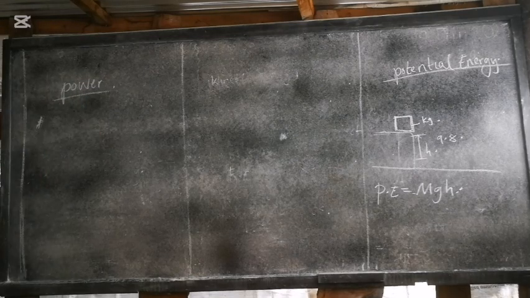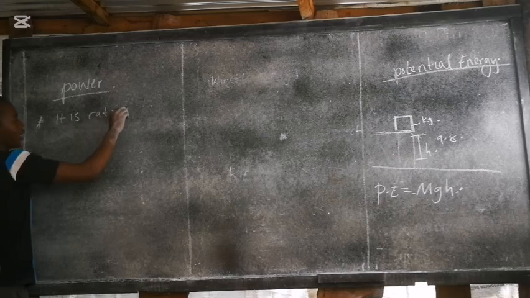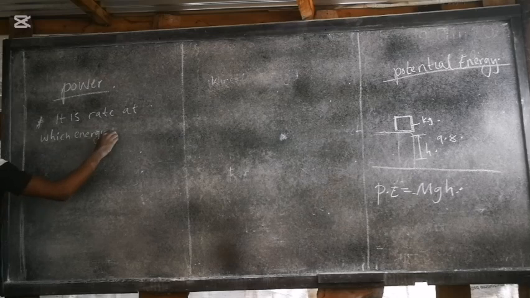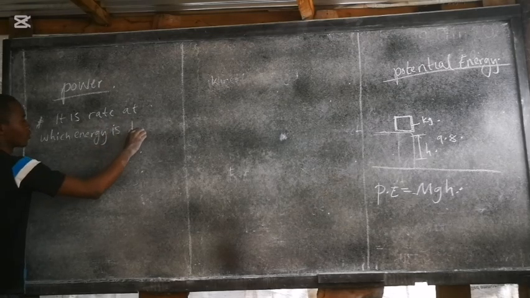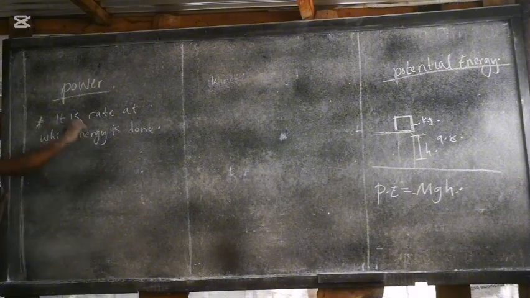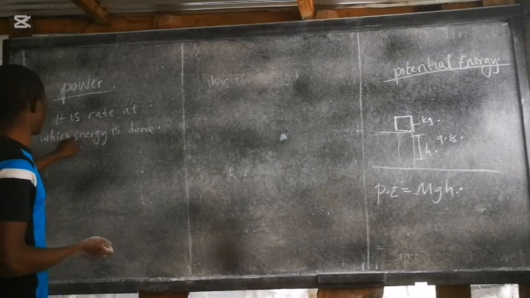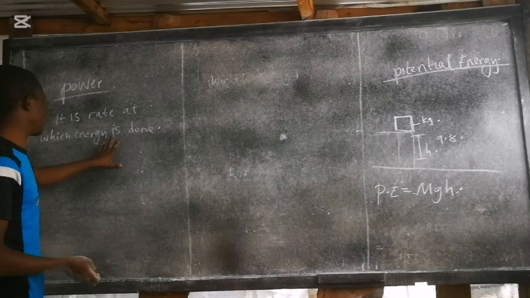Power is the rate at which energy is done. The rate at which you are doing the work. So this is the rate at which energy is used or the work is done.